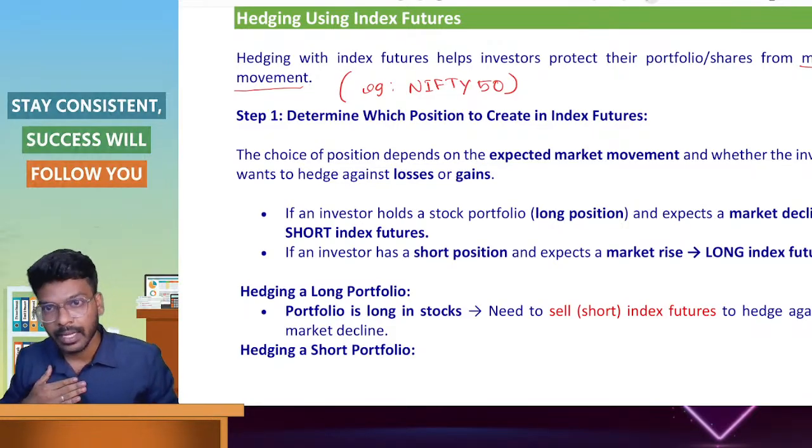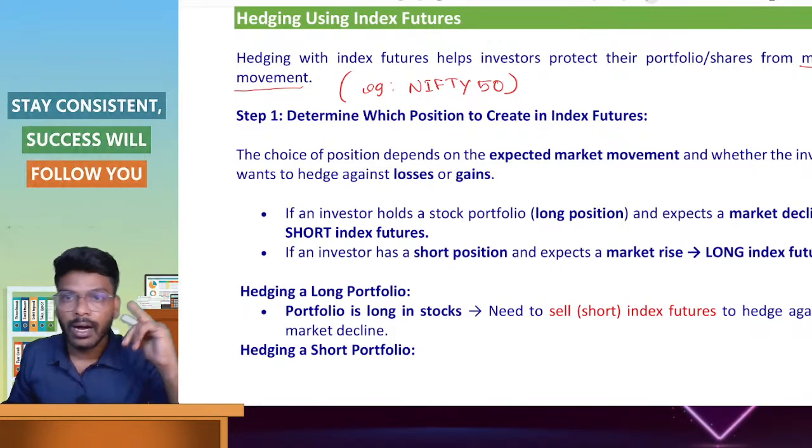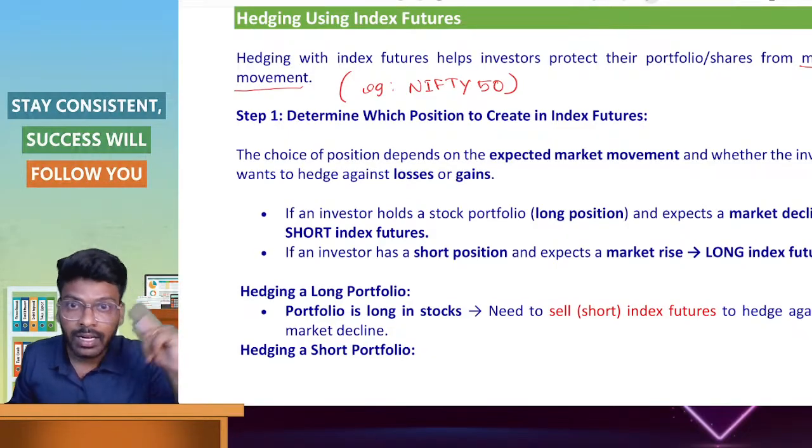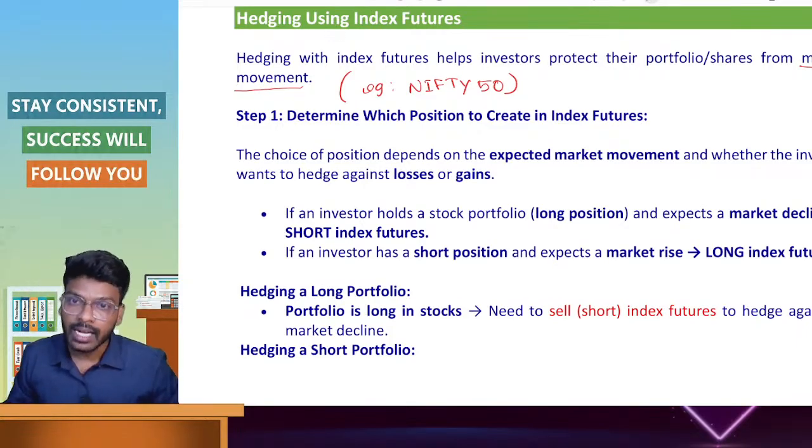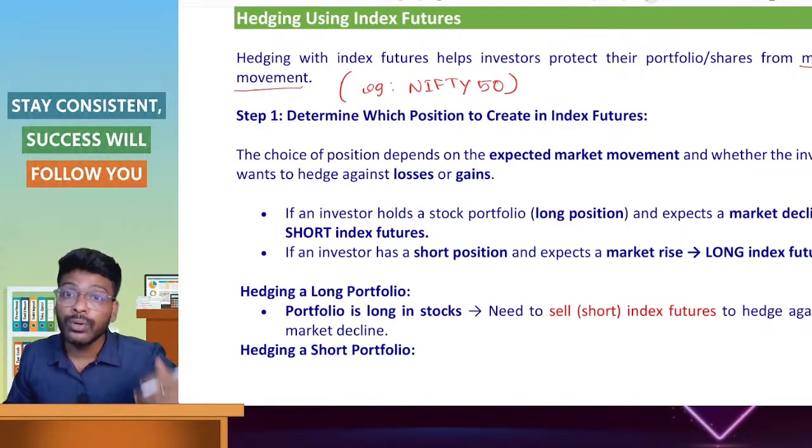If my expectation on day one is that price will increase, I will take the long position in the futures market. If on day two I have the expectation that the price of the shares or index will fall, then I will take a short position to hedge.